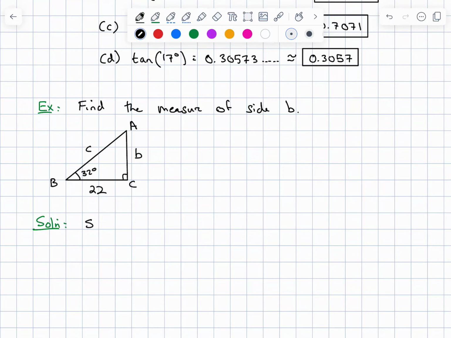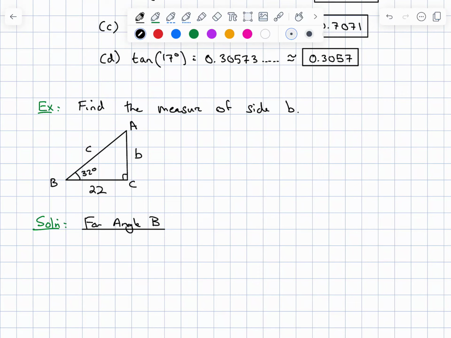For angle B. Now, when you get better at this, when you've been doing this as long as I have, I don't need to write this stuff. If you feel comfortable identifying your adjacent, opposite, and hypotenuse sides in your head, more power to you. In fact, I'd encourage that.